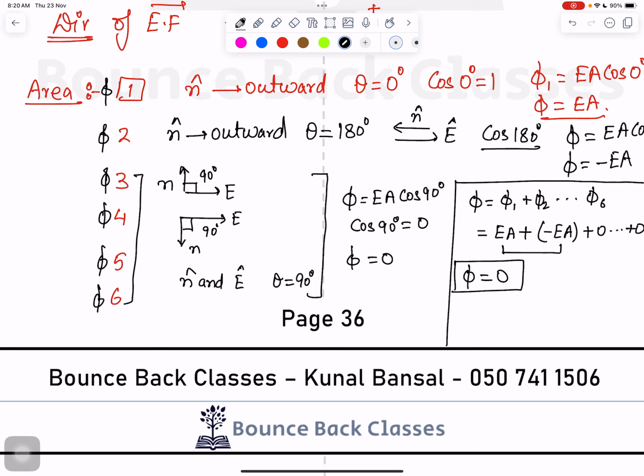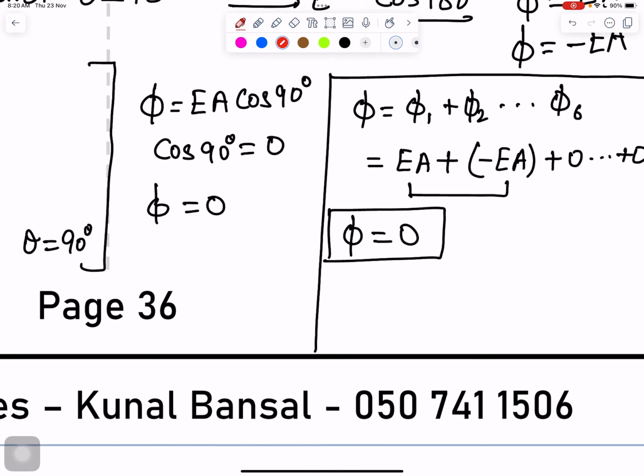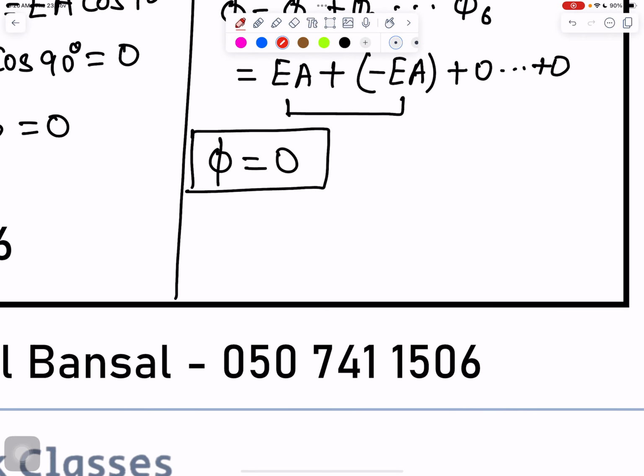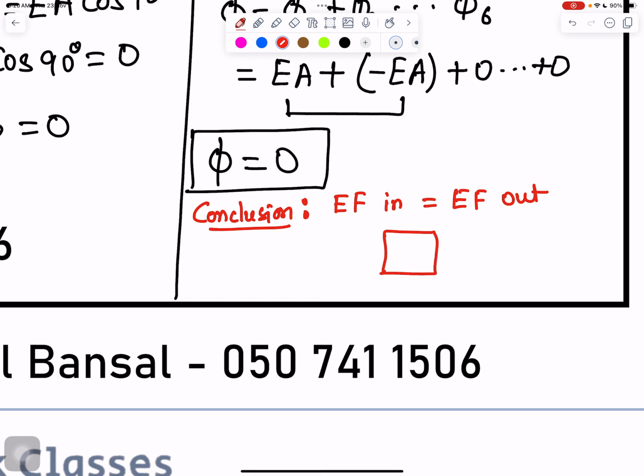See, this is the major point. The last point is the most difficult, the one you need to focus on most. What is the conclusion? The conclusion is lines of force or electric field in equals electric field out. What does it mean? Let's say this is the body.